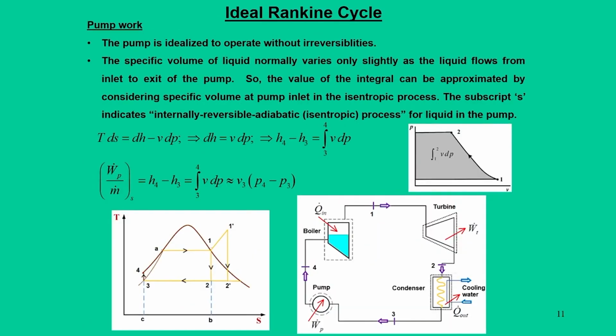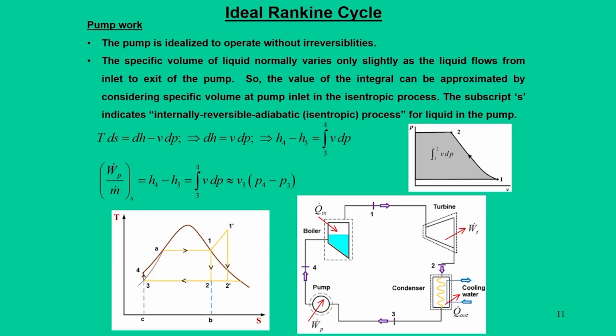Another process of idealization is interpreted in terms of pump work. If you recall our thermodynamics viewpoint, the pump is idealized to operate without any irreversibilities, and in fact, the pump handles liquid, which is in general incompressible.